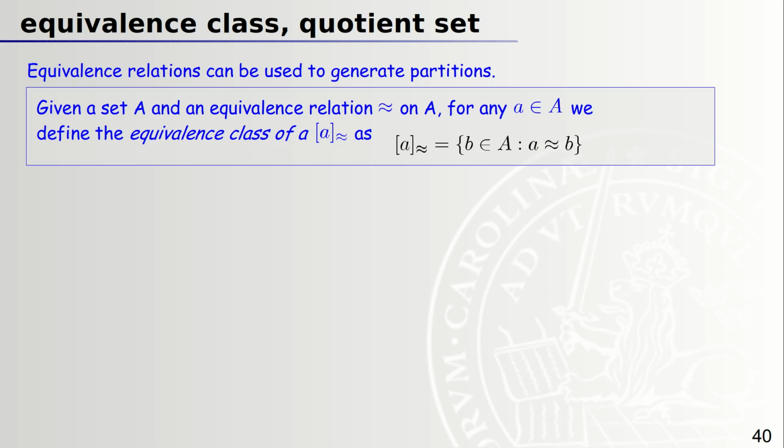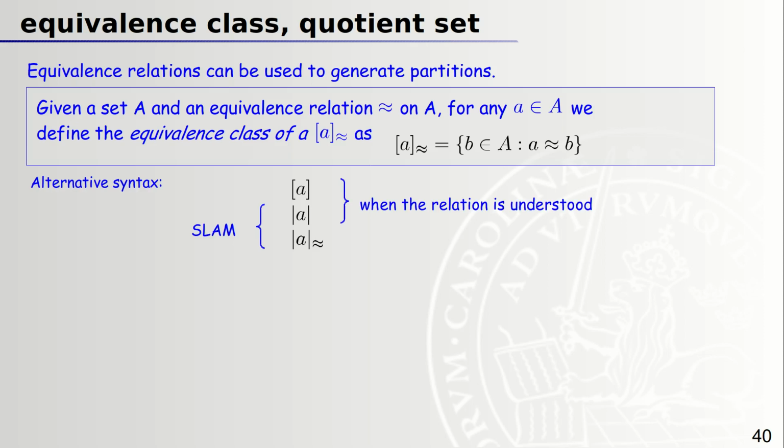We write the equivalence class of a as a in square brackets, often with the name of the equivalence relation added as an index. Note that there are various ways of writing this in the literature, but the one above is the one we shall be using in this course.